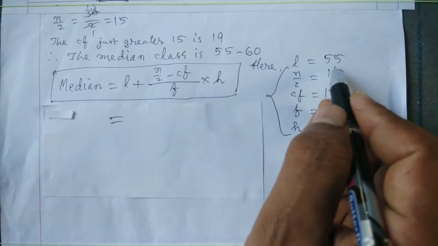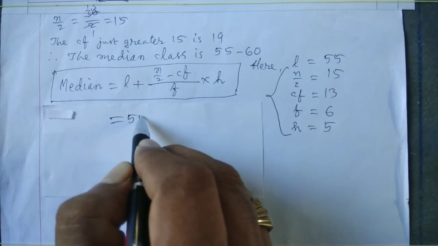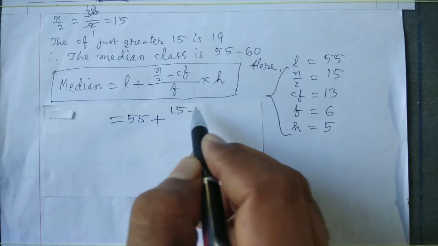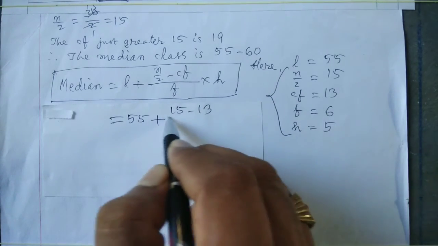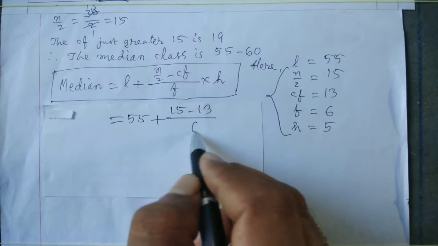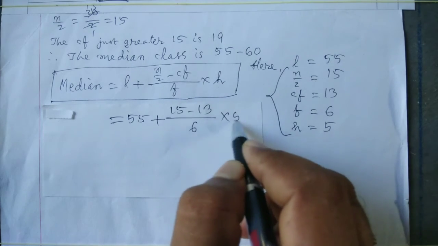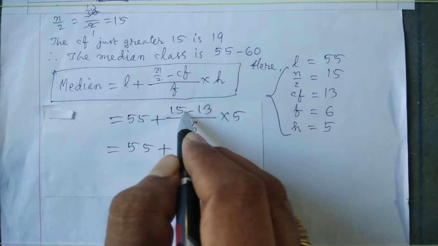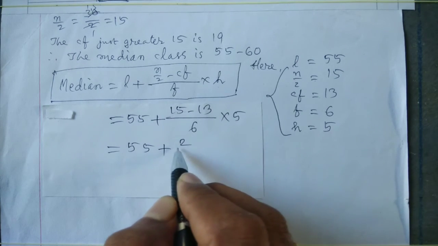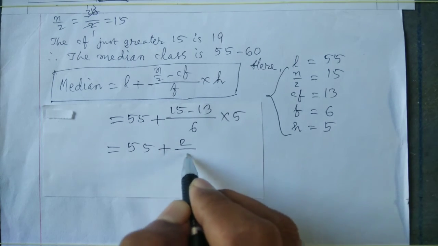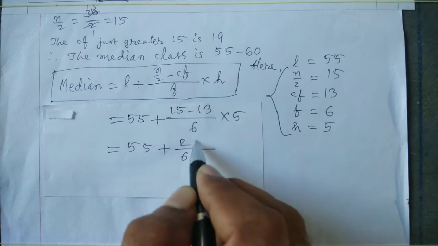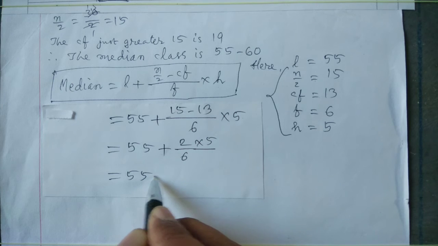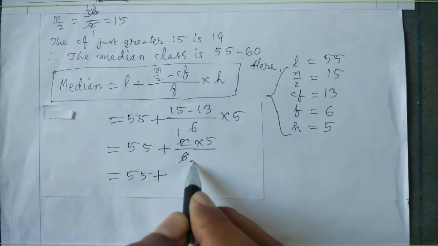In place of L, we substitute 55 plus (n by 2 is 15 minus CF 13) by f 6 into h 5. 55 plus 2 by 6 into 5. 2 ones are 2, 3 threes.